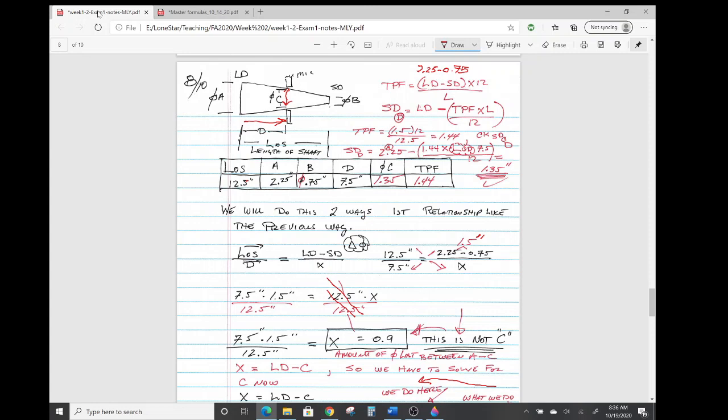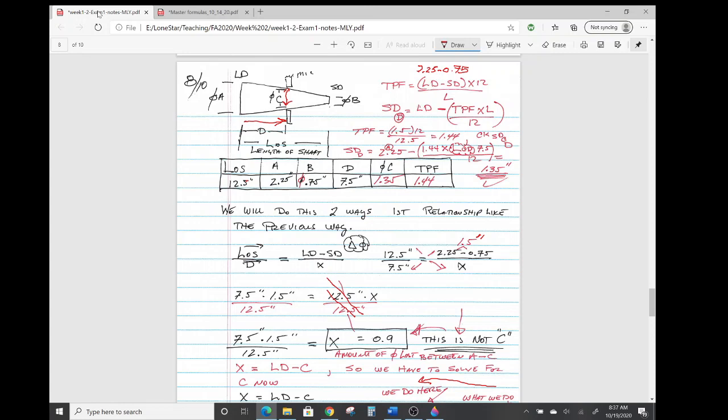So taper per foot doesn't matter anywhere in here. Our taper per foot for this taper is 1.44. Right? Okay. Now we want to know what the small diameter is, because C now represents the small diameter at D, does it not?